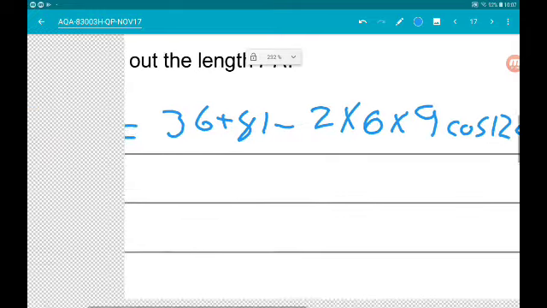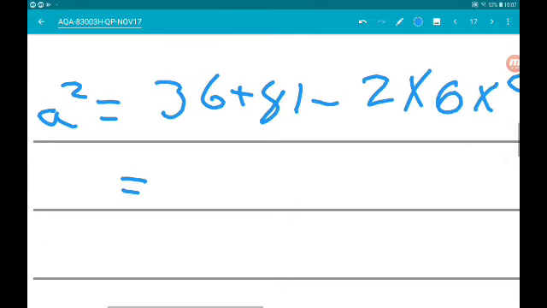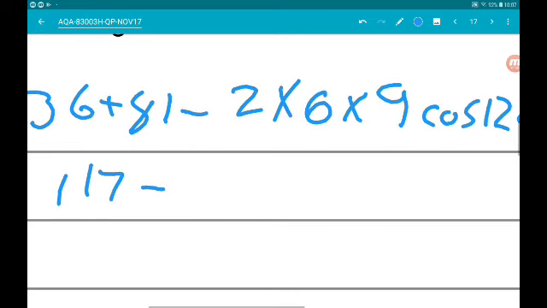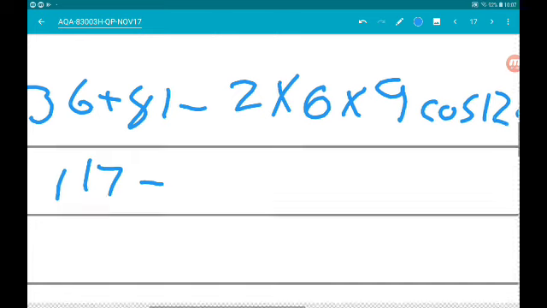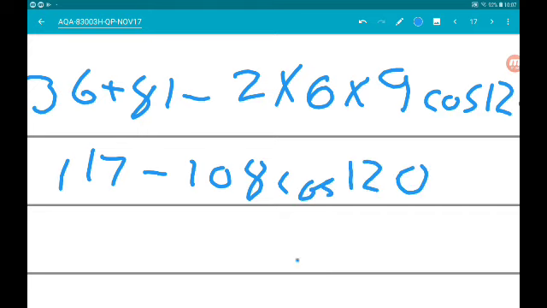So we get a squared is 117 minus 2 times 6 times 9, 12 times 9 is 108, minus 108 cos of 120.